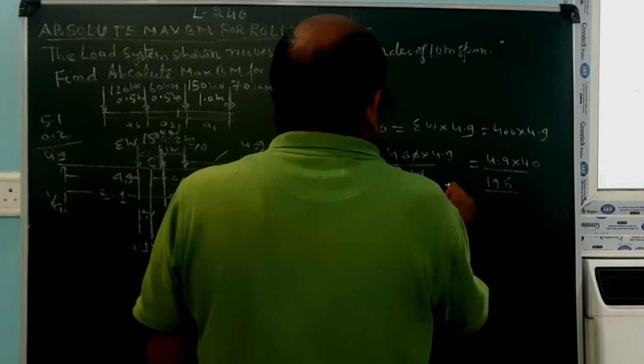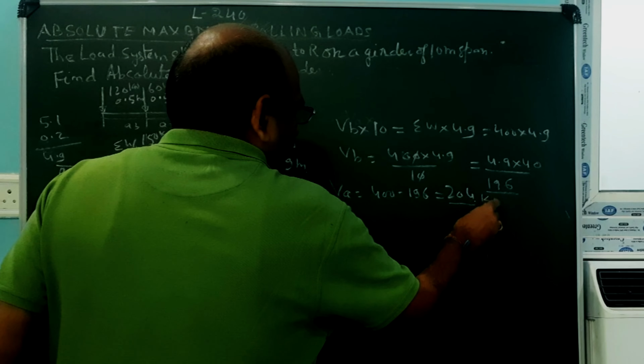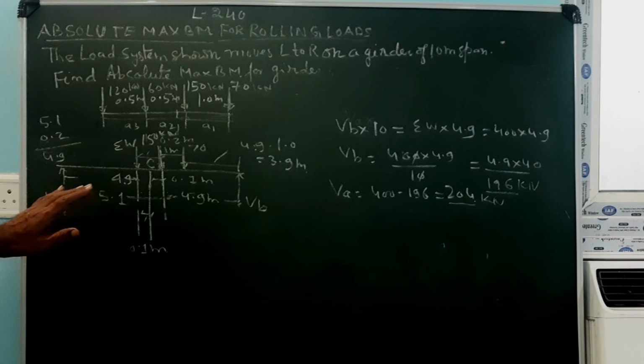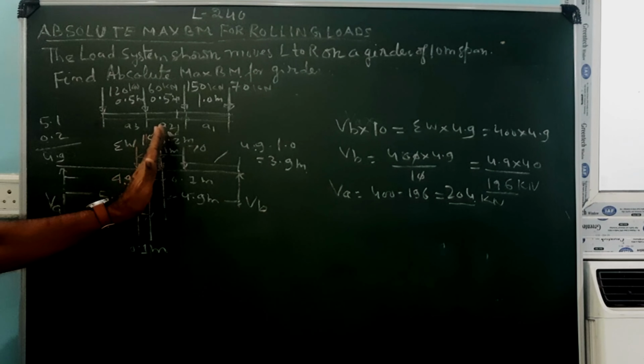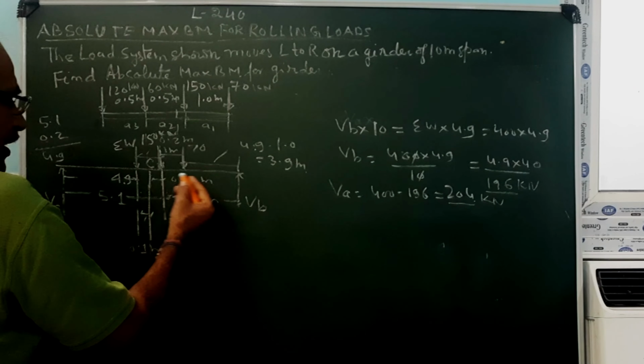So BA is 204 kilonewton, and BB is 196. So we have got the BA and BB. Now let us find out the absolute maximum bending moment with respect to the 150 kilonewton load. So take the moment of the right hand side.